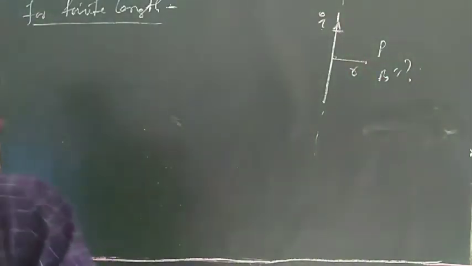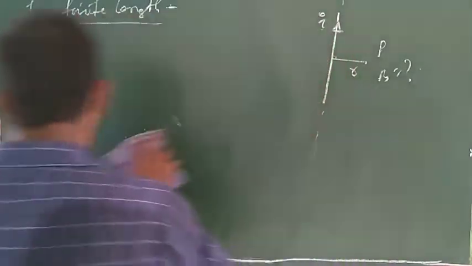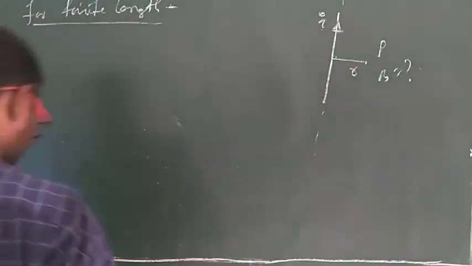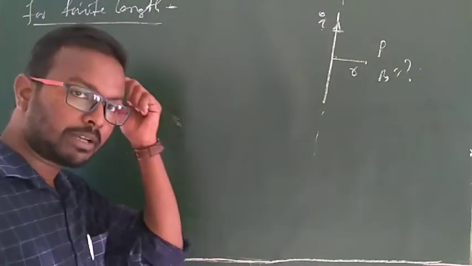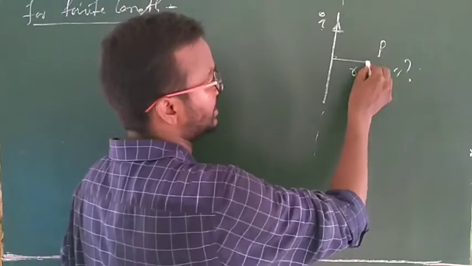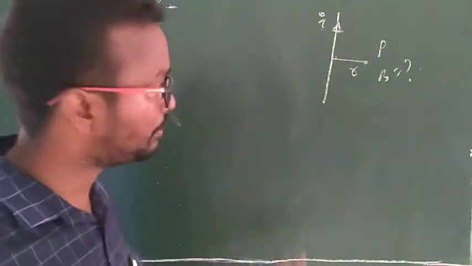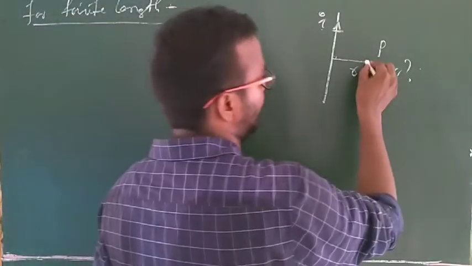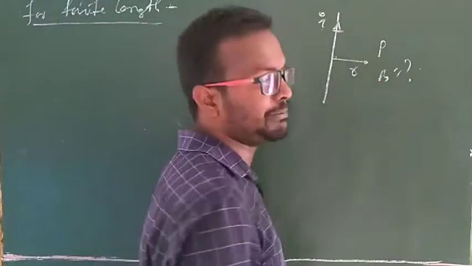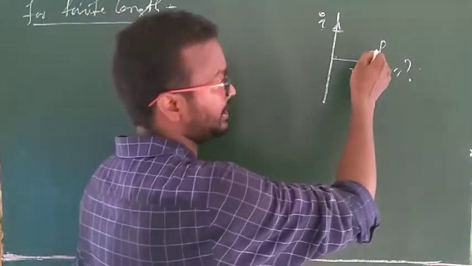For finite length, we have to find the magnetic field strength at point P by using Ampere circuital law, not by using the Biot-Savart law. So for finite length, first we have to draw an Amperian loop which is passing through the point P.